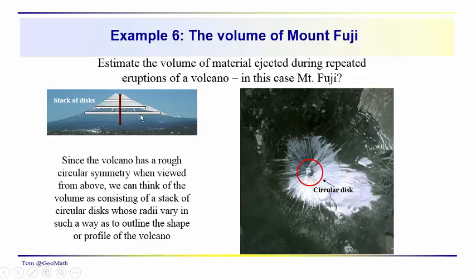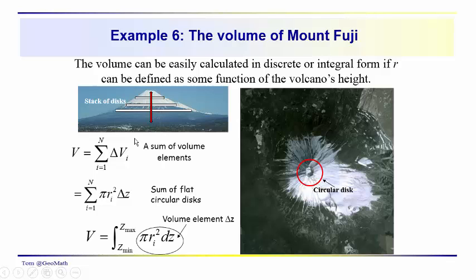Except in this case, instead of rectangles, we could think of these as being disks with radii that vary in such a way that they outline the shape of the volcano. So we'd have a stack of disks as shown here, and we'd sum them all up.